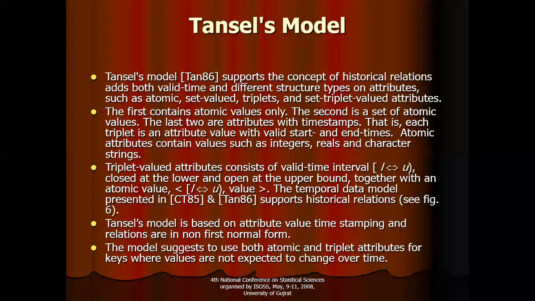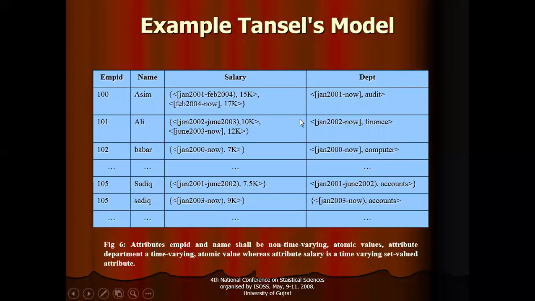You can see the Tansel model example. In this example there are two attributes being used. There is another thing you can see in this relation: it does not follow homogeneity. The previous HRM model follows the homogeneity principle, meaning the lifespan is the same, but here the lifespan is not the same.